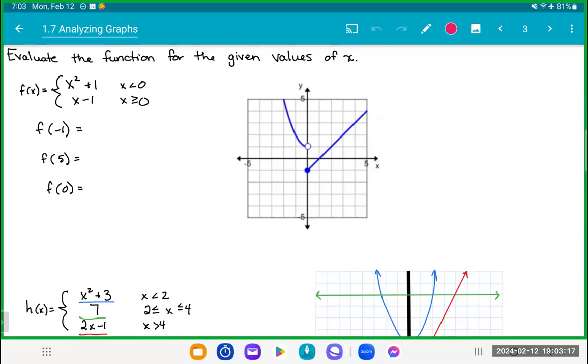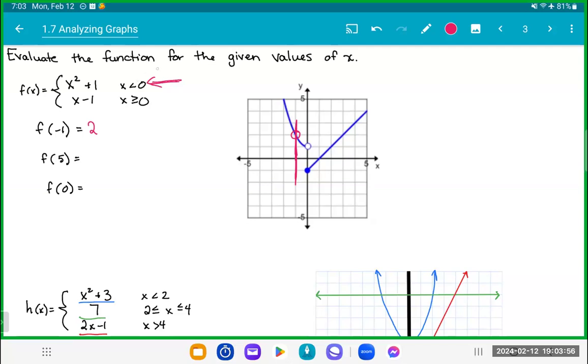So for the first one, we're looking at x equal to -1. So here's where x is equal to -1, and we can see graphically that that occurs at this point where y is equal to 2, okay? Now, if I did not have this graph here, I would look at these, and we're looking at x equal to -1, so it fits in this equation here, right?